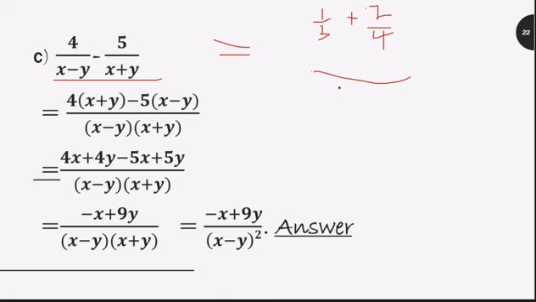Here in the same thing, you don't write the direct product of x minus y, x plus y. You write them in form of x minus y and x plus y as a common denominator, like that, so that you don't confuse yourself. So how many times does x minus y go into everything at the bottom here?